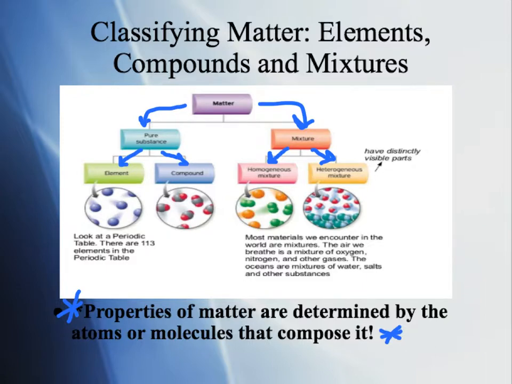Why? Well, metal has a different property than water, because of the different atoms and molecules that make up the metal versus the water. So properties of matter are determined by the atoms and molecules that compose it.